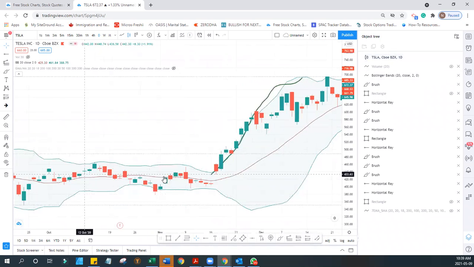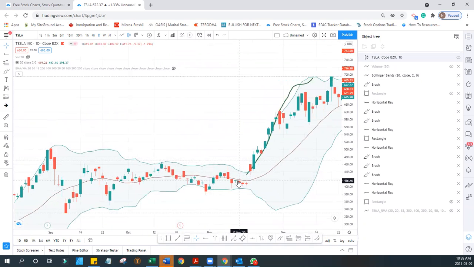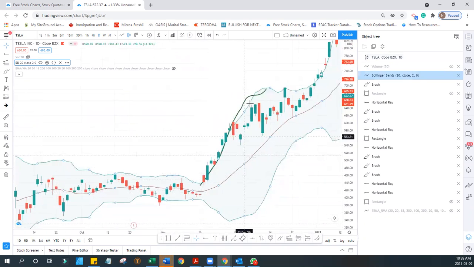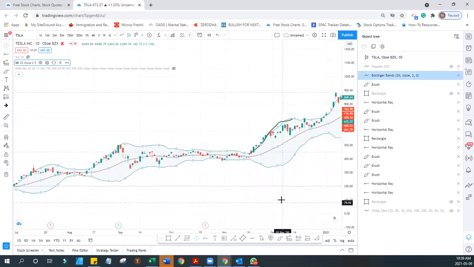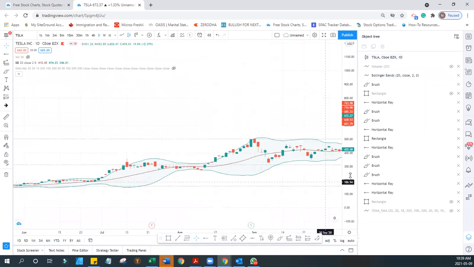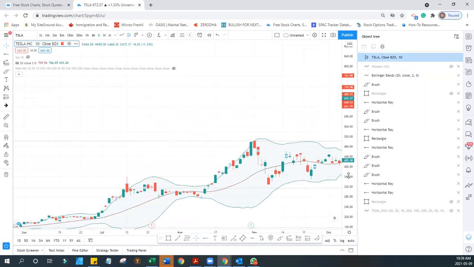When you see this kind of scenario, you have to be ready for the blast. The price has to walk along the band. When the Bollinger Band is about to blast, at that point you take the entry.